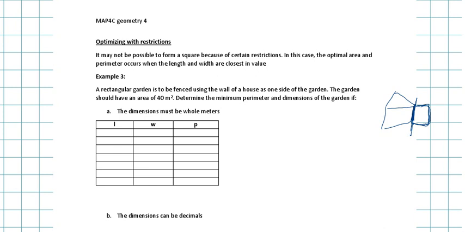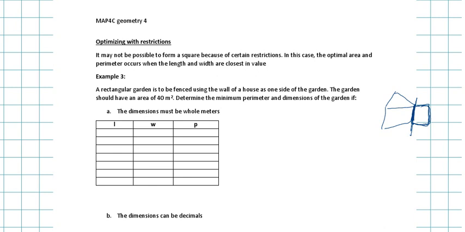A rectangular garden is to be fenced using the wall of a house as one side. The garden should have an area of 40 meters squared. Determine the minimum perimeter and dimensions of the garden if the dimensions must be whole meters. We're just going to do whole meters.